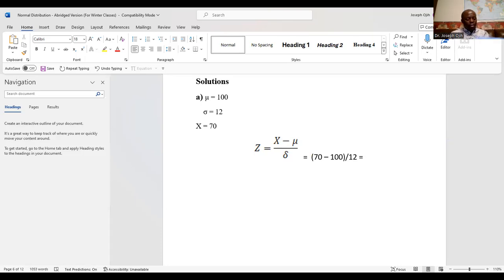Let me write it down first, and then we can put it in a calculator. 70 minus 100 divided by 12.